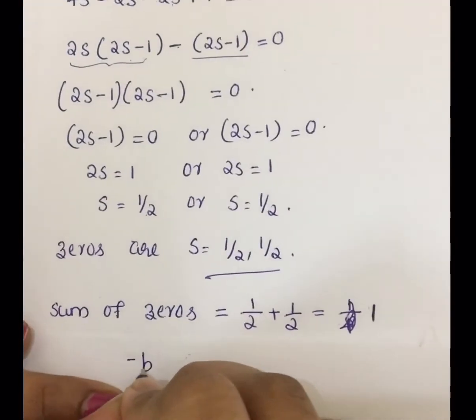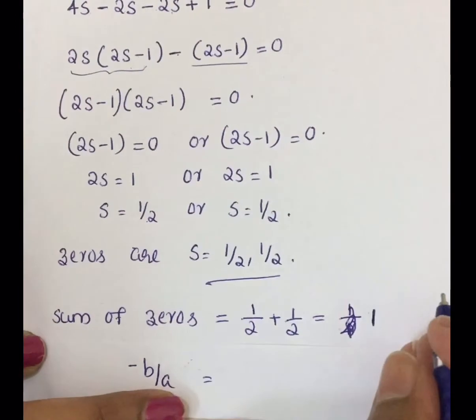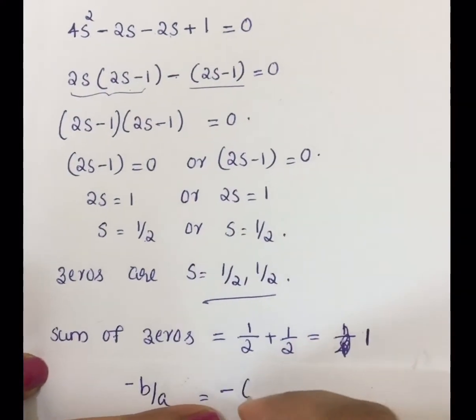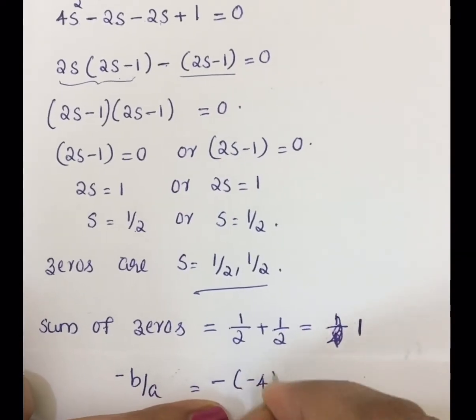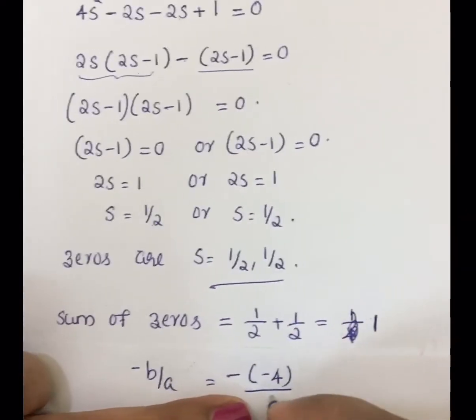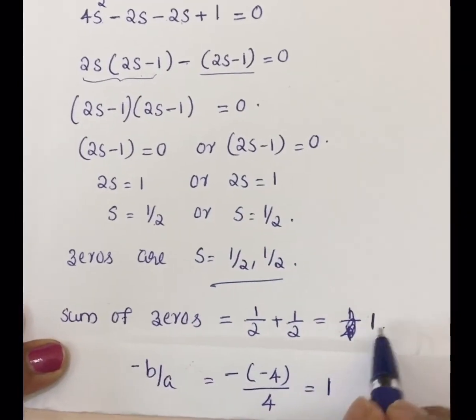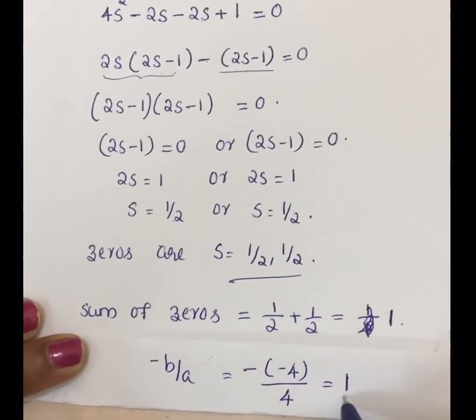Now minus b by a, here b is minus 4, so minus of minus 4 divided by 4 is equal to 1. So the sum of zeros is equal to 1 and minus b by a equal to 1.